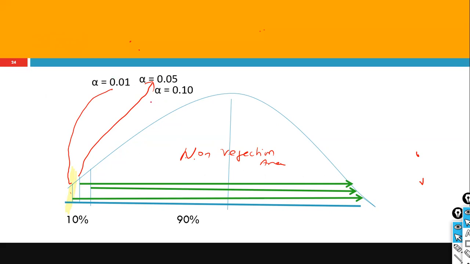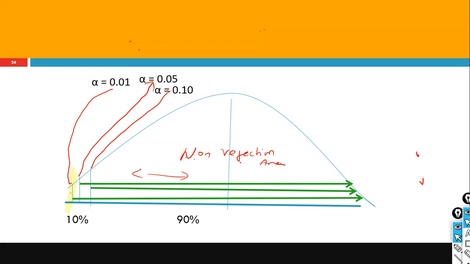If I use alpha equal to 0.10, these are all rejection region area. If I use three different values, what is going to happen? When I use alpha equal to 0.10, the cutoff region starts here itself, which means this one becomes narrow, right? The width is very less.